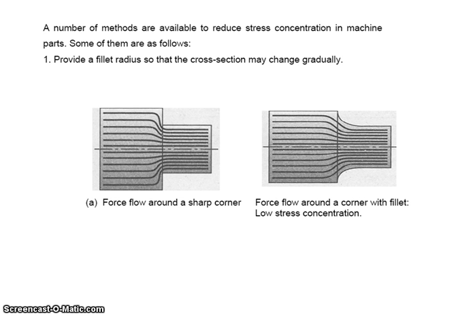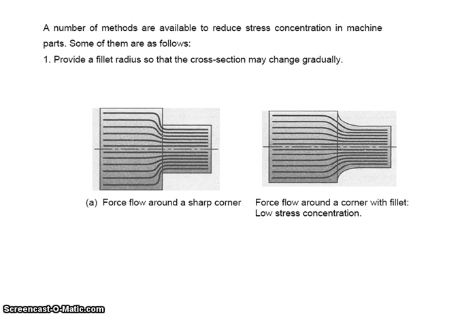Similarly, when a plate is loaded with a force P, the stress lines get closer and there is a sharp bend, and when the sharp bend of the stress line occurs, there is more stress concentration. So in order to reduce the stress concentration, we have to reduce this sharp bending of the stress line.